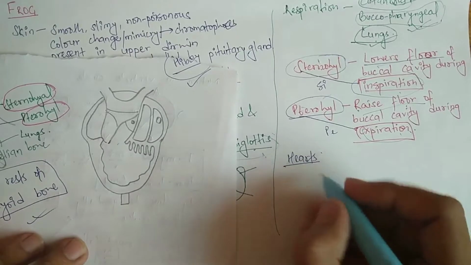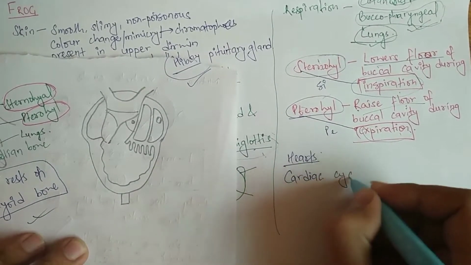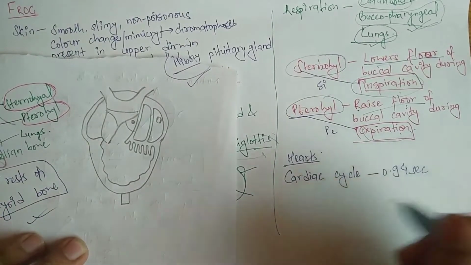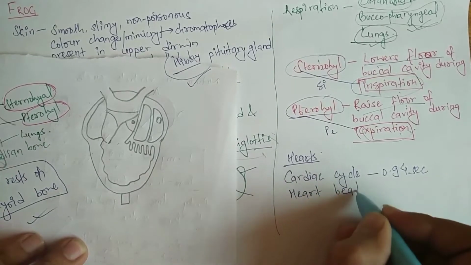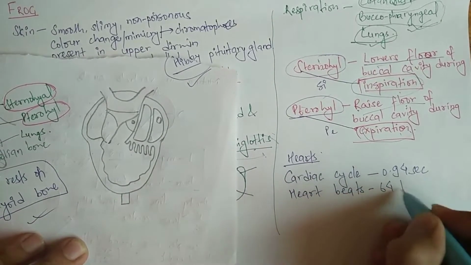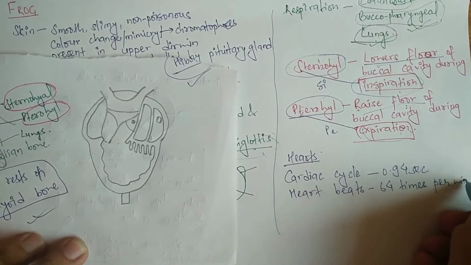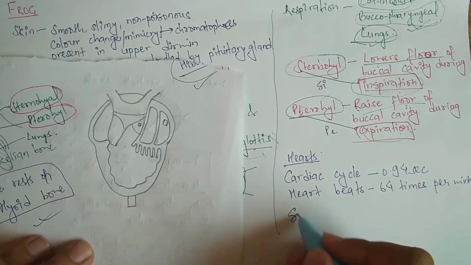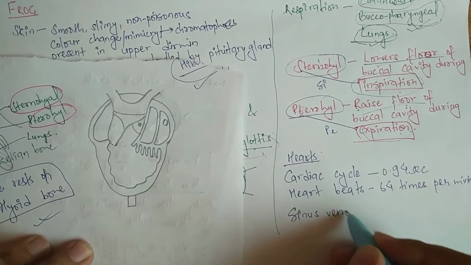So the heart's cardiac cycle is about 0.94 second, and the heart beats 64 times per minute. Sinus venosus.